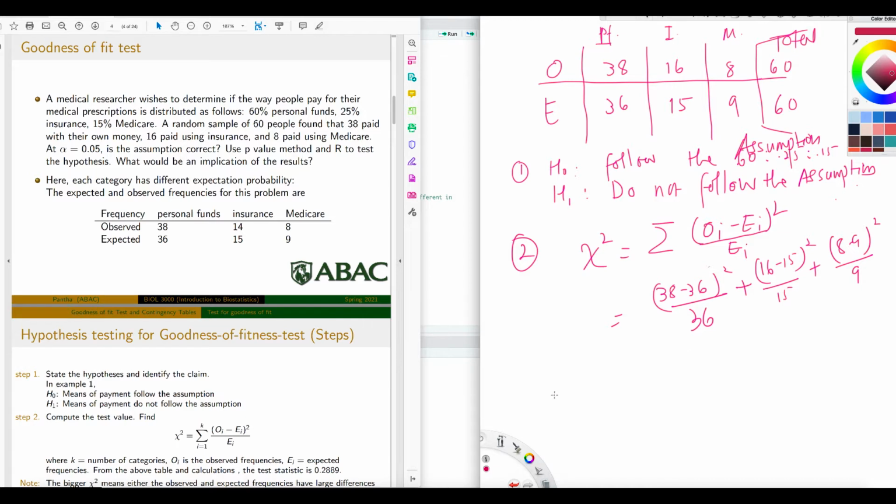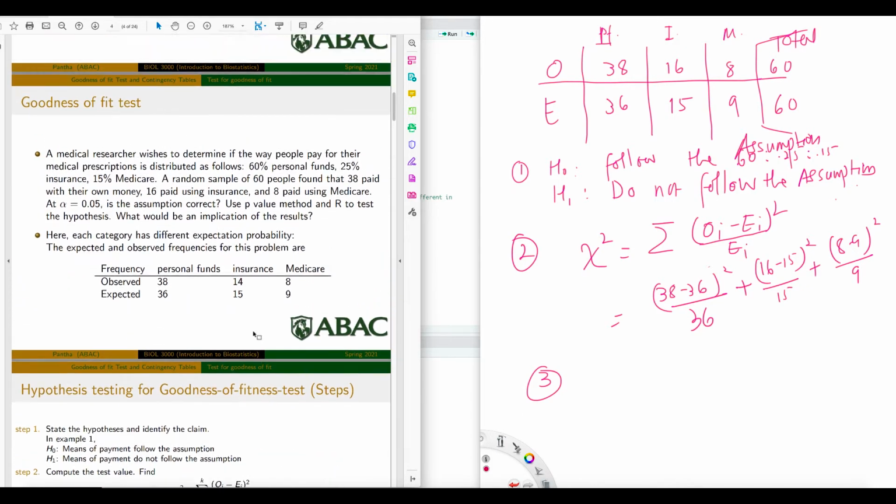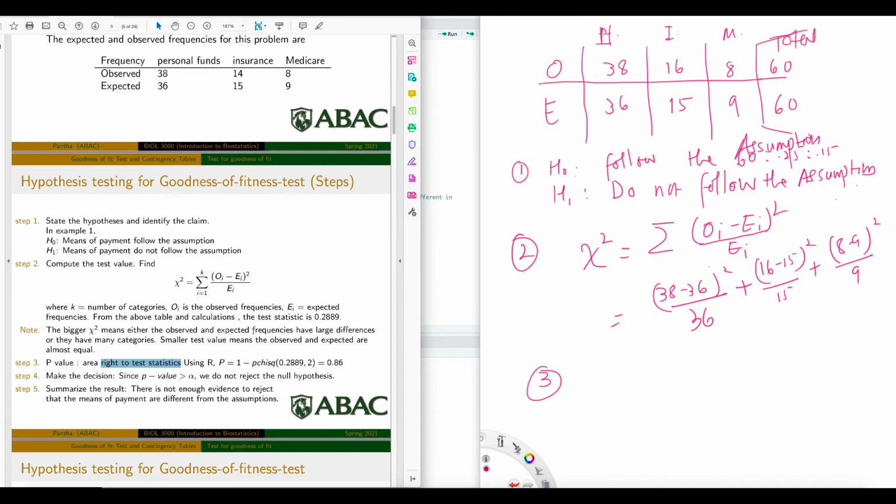What you do next is find the p-value. Number 3, you always use the right tail test. That is the important thing. You always use the right tail test, which is the area to the right of the test statistic.